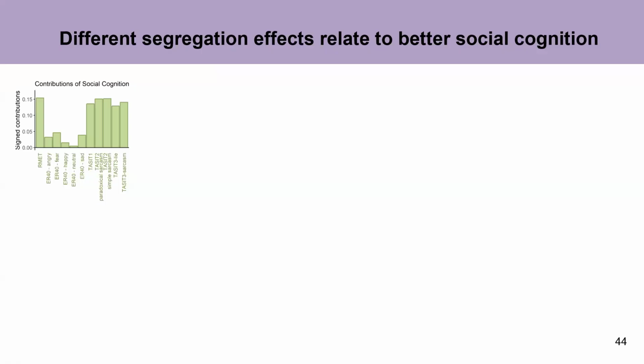For example, my measures are just capturing how well people perform on social cognition, right? So this first dimension is basically capturing the severity of their deficits.